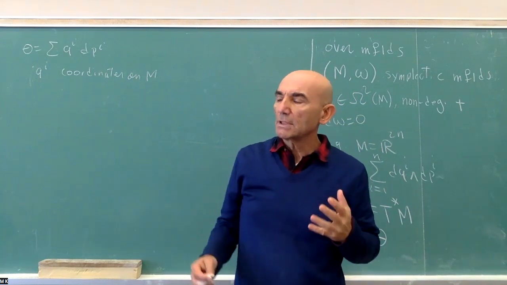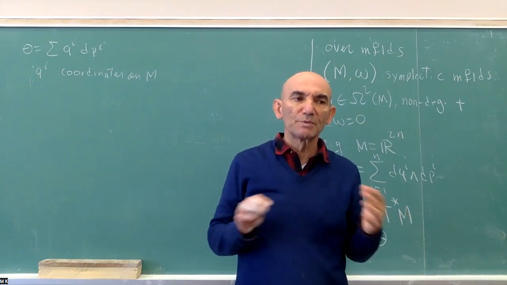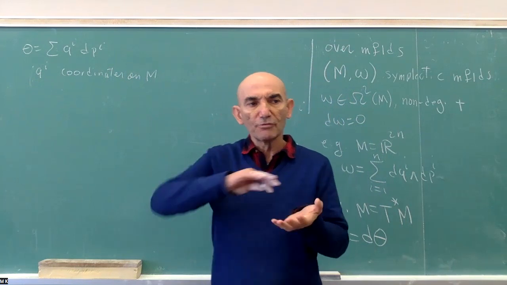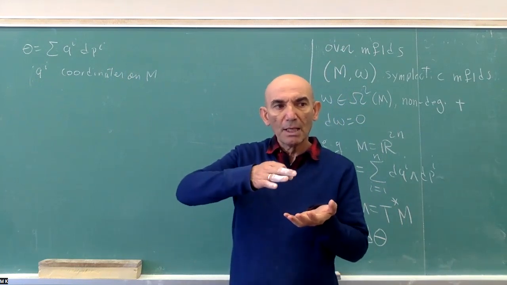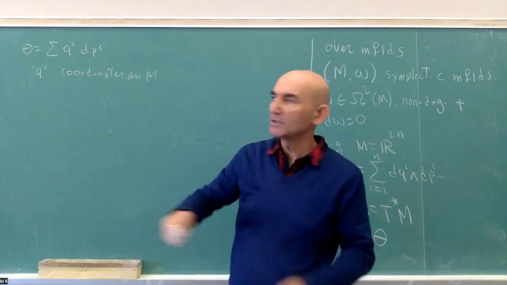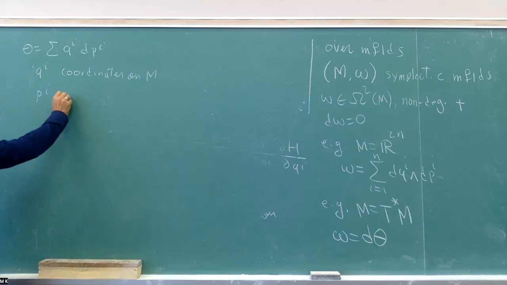So you see, you have to think about it. I don't want to do it now, but if you think about T star of M, there is a particular coordinate system. If you fix a coordinate system on M, it induces a natural coordinate system on T star of M, which we denote Pi. I just write it like this because it induces Pi.